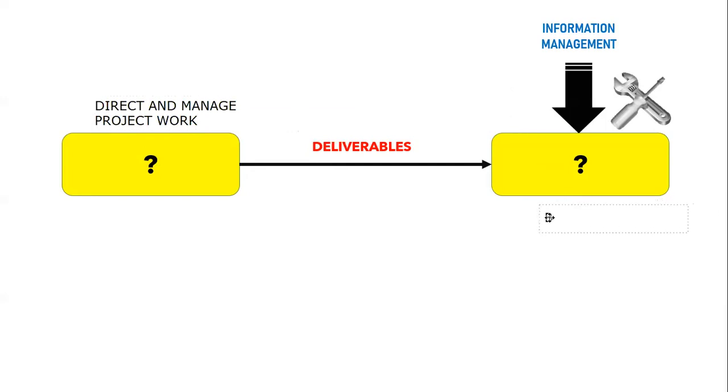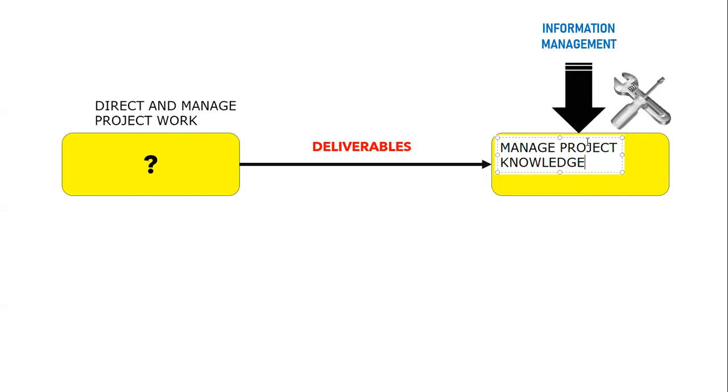The second one, which you probably have guessed, hopefully, because I've given you a hint to the tool and technique, it is manage project knowledge. Manage project knowledge uses deliverables as an input, and it uses information management as a tool and technique. All right, fair enough. Good, I hope that makes sense. Let's do our next part of this puzzle here.